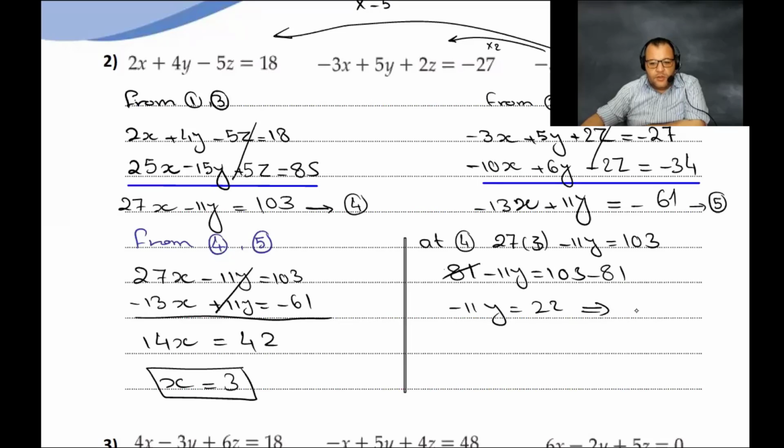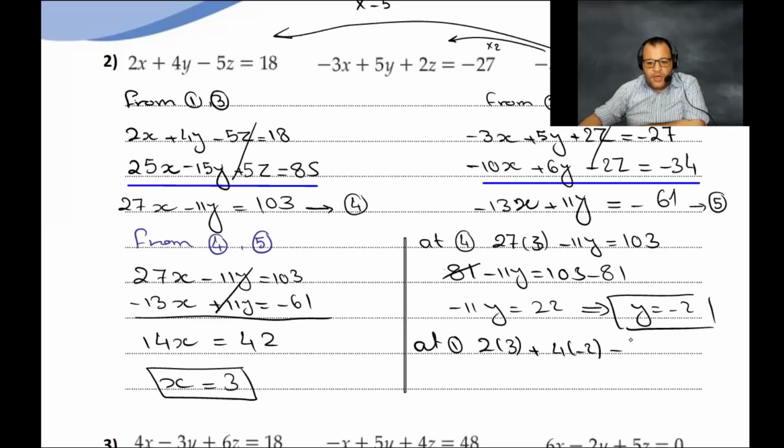It means y equals negative 2. At equation number 1 or 2 or 3, we can say equation number 1: 2 times 3 plus 4 times negative 2 minus 5 times z equals 18. So the first one is 6, the second is negative 8.